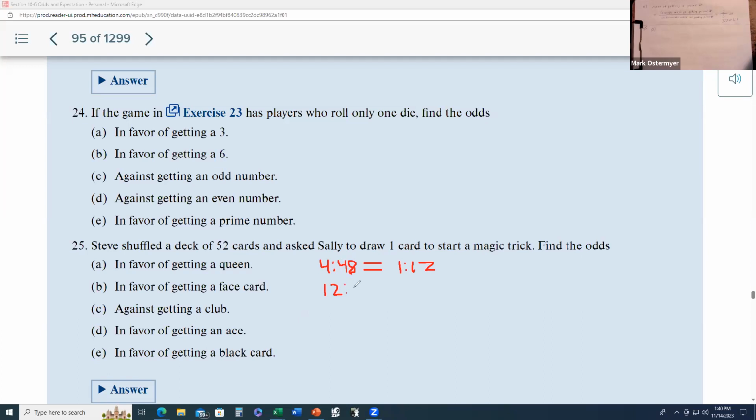Out of how many ways to not draw a face card? That would be 52 minus 12, which is going to be what? 40 ways of not drawing a face card. Therefore, your odds of drawing a face card would be 12 to 40 odds, which you could reduce down by 4, down to 3 to what? 3 to 10 odds. Making sense here?